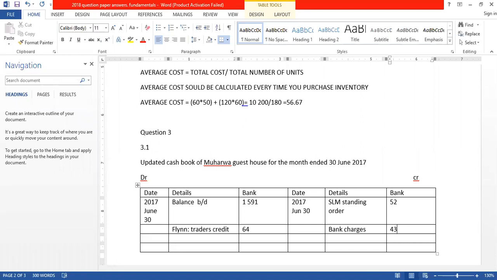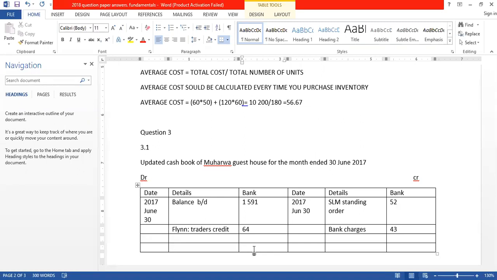That means those are the only transactions that were supposed to be recorded in our cash book. And so, because we are done recording all the transactions, we will need to balance off our cash book and get the correct balance carried down that we are looking for.